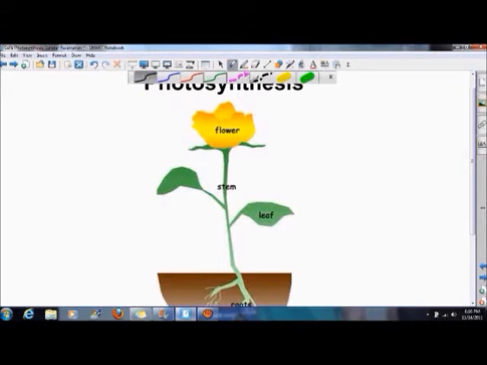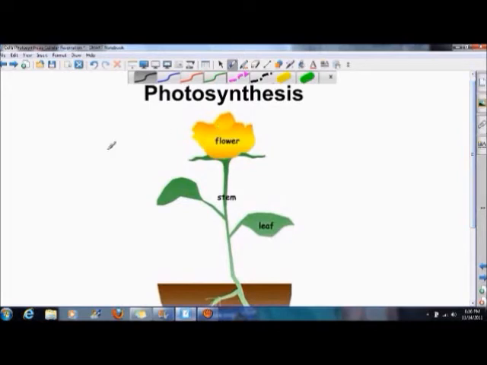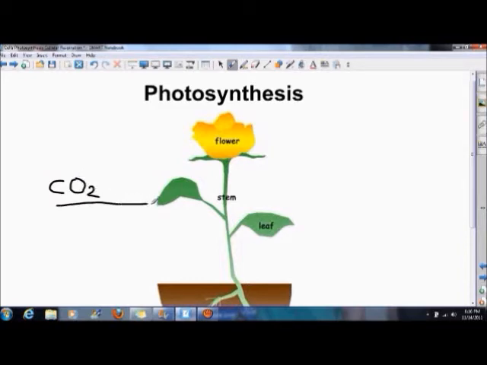Let's go ahead and get a couple things drawn here. Remember, during photosynthesis, plants are going to take in carbon dioxide, which, let's just abbreviate, it's a lot simpler, CO2. So draw some arrows, it's coming in.